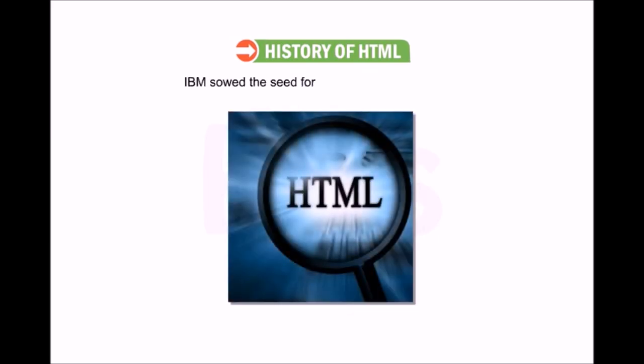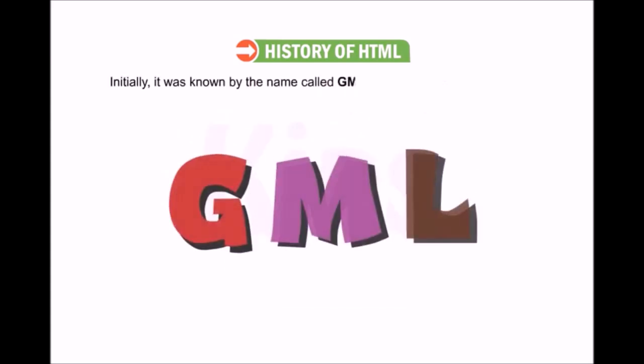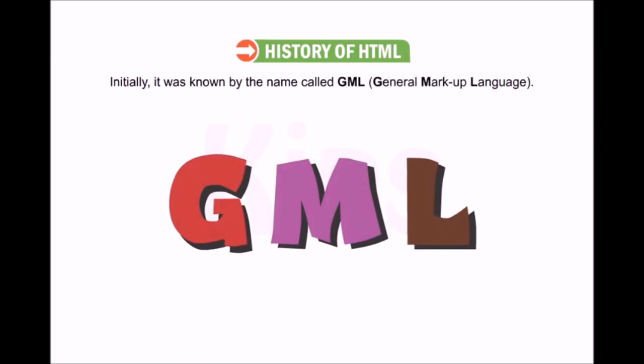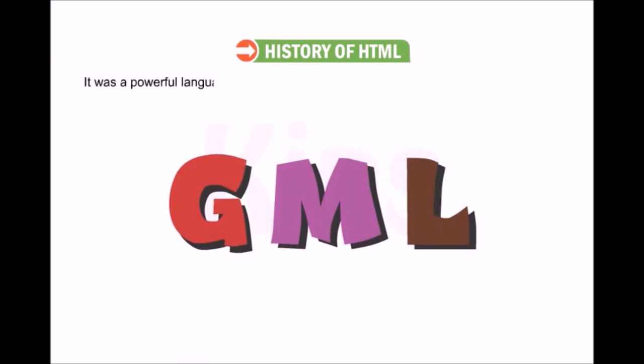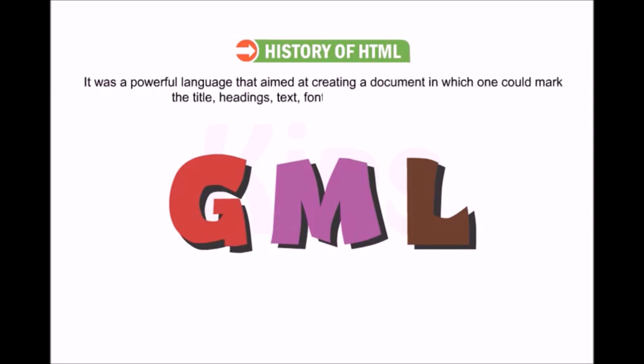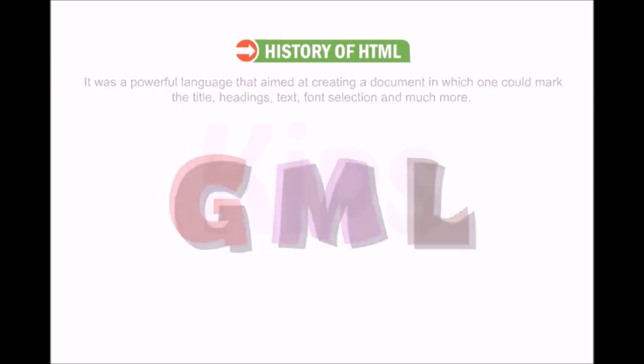IBM sowed the seeds for HTML in the early 1980s. Initially, it was known by the name GML, General Markup Language. It was a powerful language that aimed at creating a document in which one could mark the title, headings, text, font selection and much more.